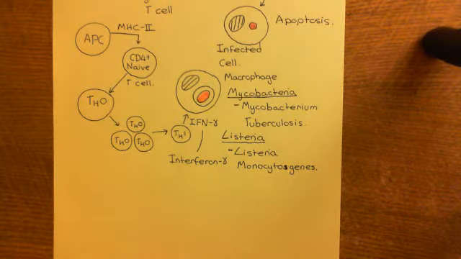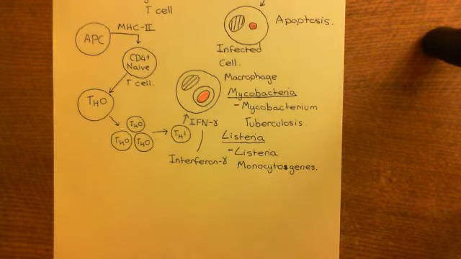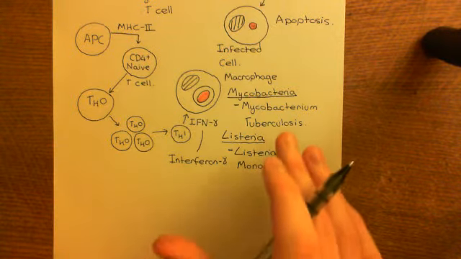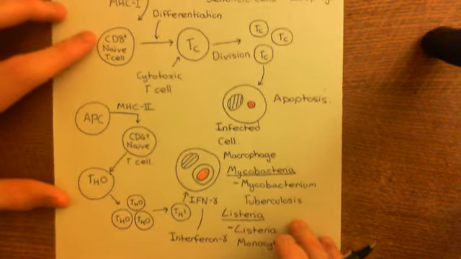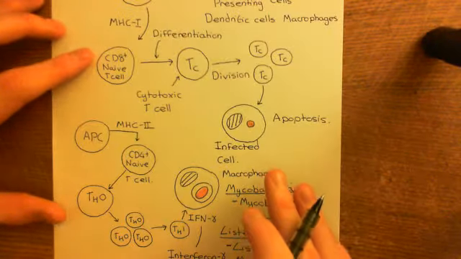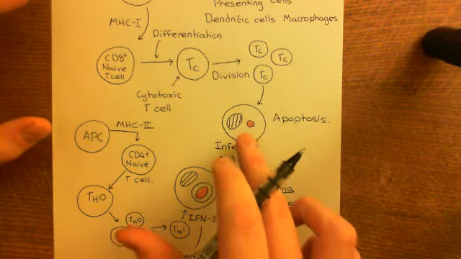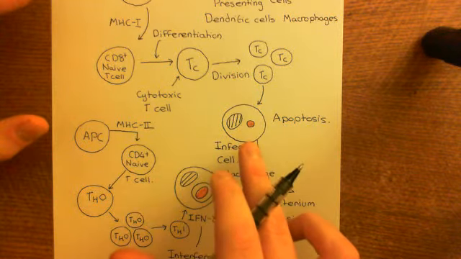Okay, so this little portion of the cell-mediated response is particularly important for intracellular pathogens which are living within phagosomes, whereas the CD8 positive response up here with the cytotoxic T cells is really important when you've got an intracellular pathogen which is living within the cytoplasm of the cell.